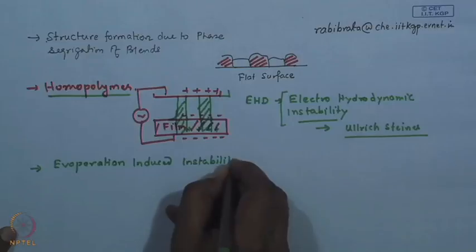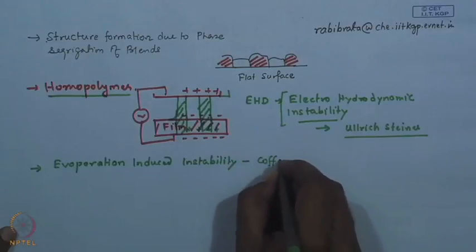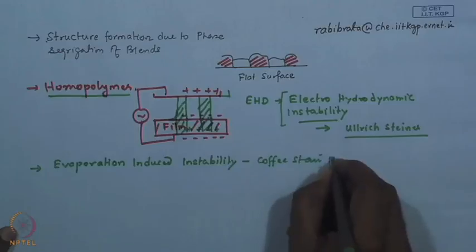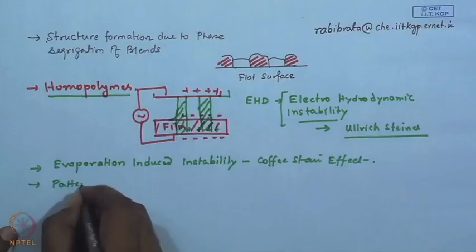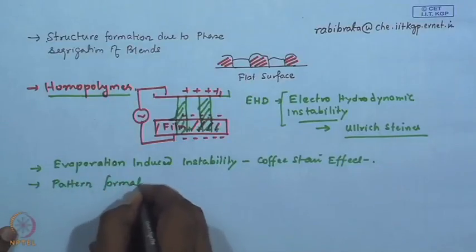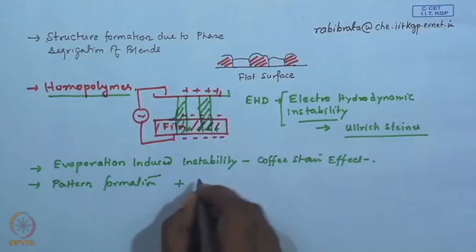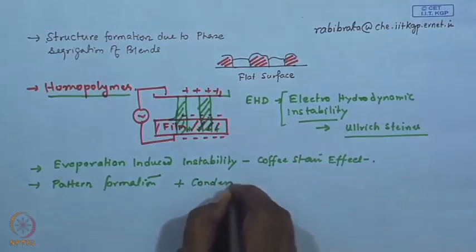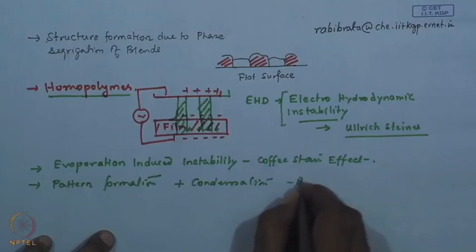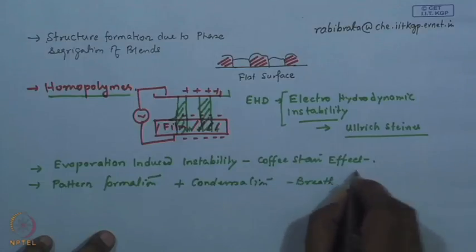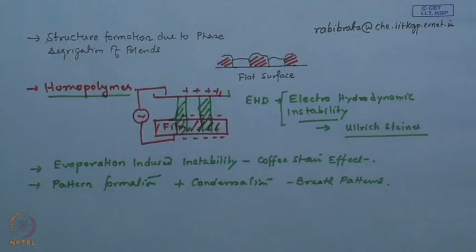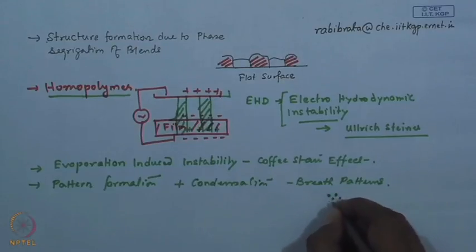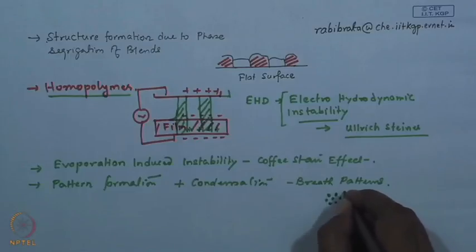we briefly talked in the initial classes, look at the coffee stain effect. One can look into the associated pattern formation due to evaporation, as well as condensation, which are known as the breath patterns, where you just take out a cold surface and keep it in a humid environment, you see tiny droplets of water forming on the surface in a beautiful hexagonal close packed ordering.